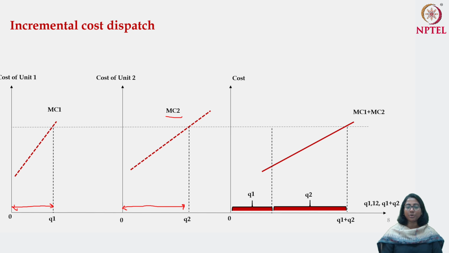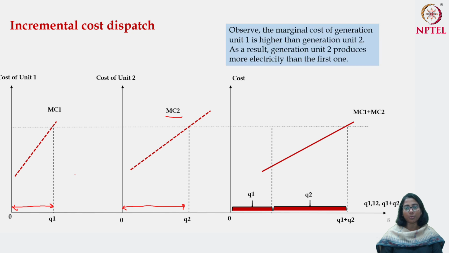So the generation unit with lower marginal cost will actually produce more. This is the observation from here in case of a simple incremental cost dispatch problem. So you equate the marginal cost of all the plants, all the generating units, and therefore you determine the supply accordingly.